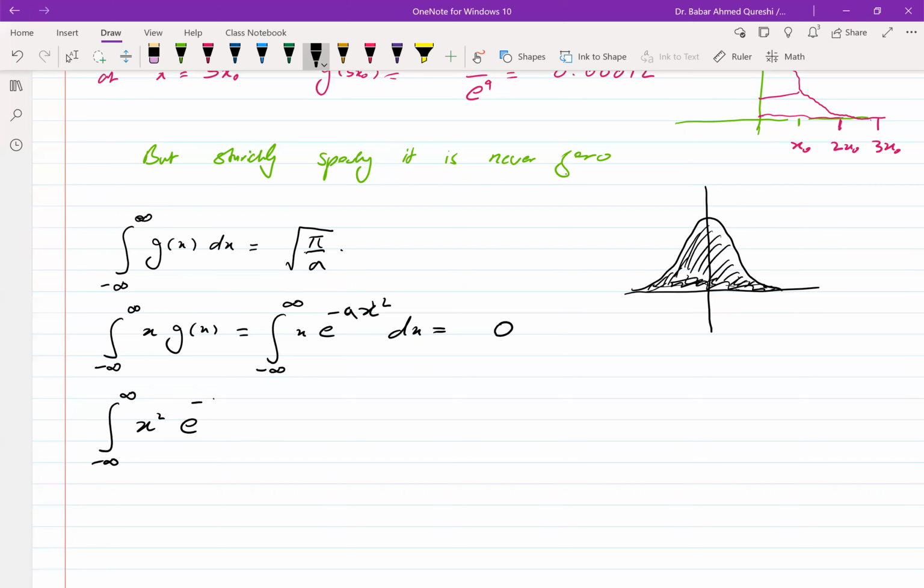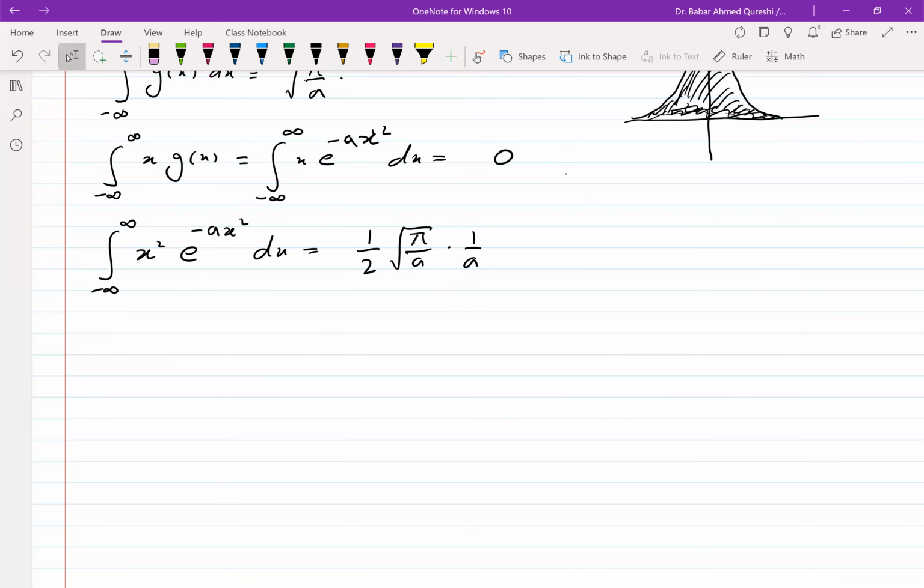And if I multiply it with an x squared, then this is equal to 1 over 2 times root pi over a times 1 over a. These are just some answers which will become useful.